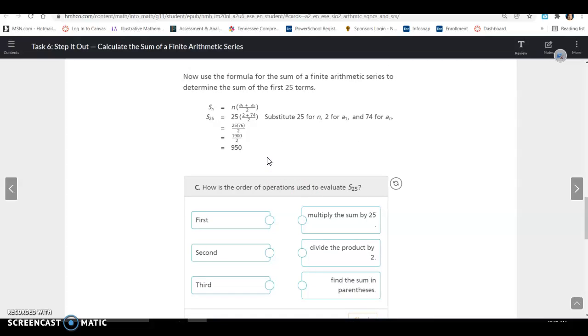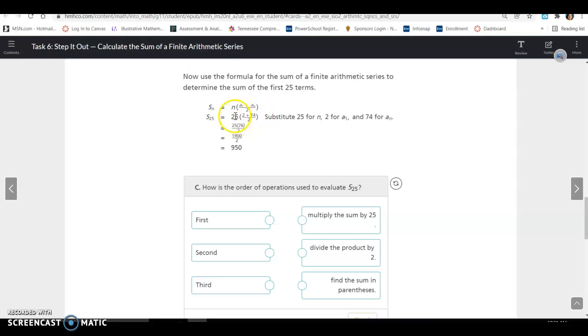Alright, so now it says use the formula for the sum of the finite arithmetic series to determine the sum of the first 25 terms. So this is our formula, S of n equals n times a sub 1 plus a sub n over 2. We're going to plug in 25 because we're looking for the first 25 terms, so that's our n. 2 is our first term, 74 is our 25th term, so we're going to add 2 and 74 and then divide by 2 and multiply by 25.